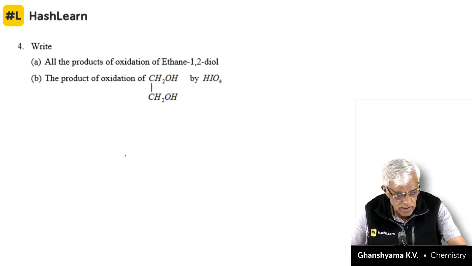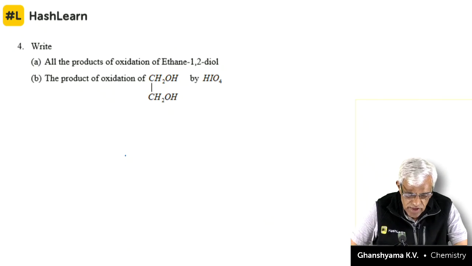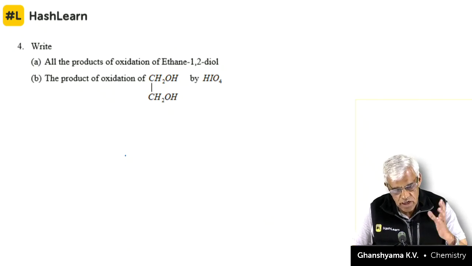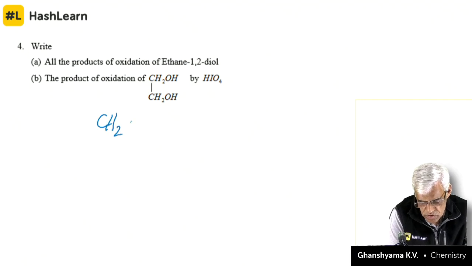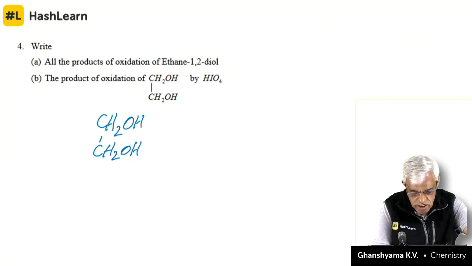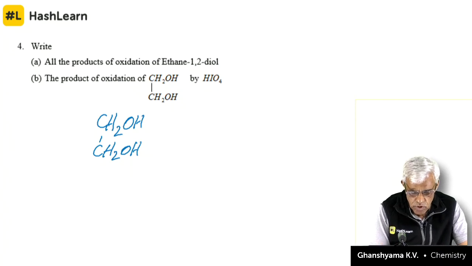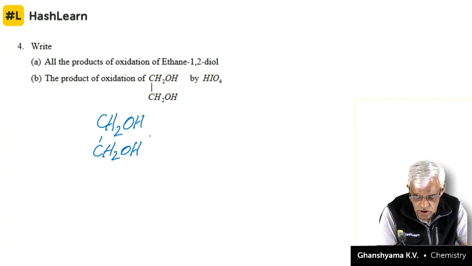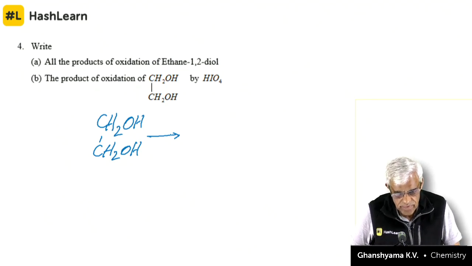Okay. Next one, write all the products of oxidation of ethane 1,2-diol. Write all the products of oxidation of ethane 1,2-diol.